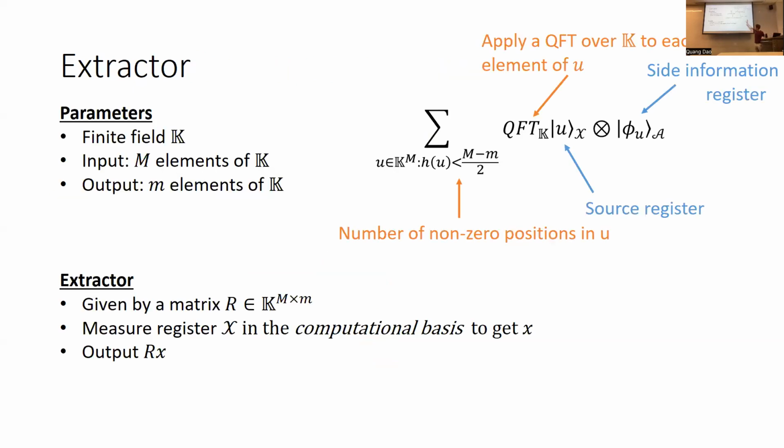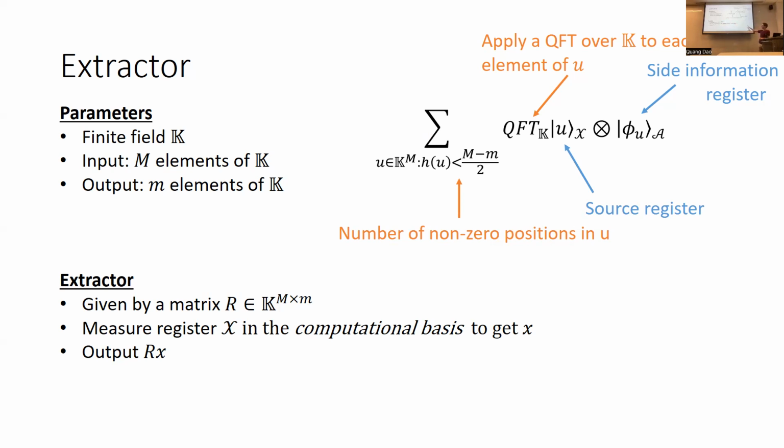So we've got our source, we've got the requirements on it. Now let's talk about the extractor. The extractor is just a matrix in K to the big M by little m, so it takes in a vector of size big M and outputs something of size little m.